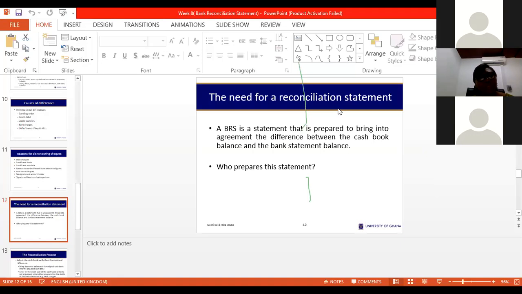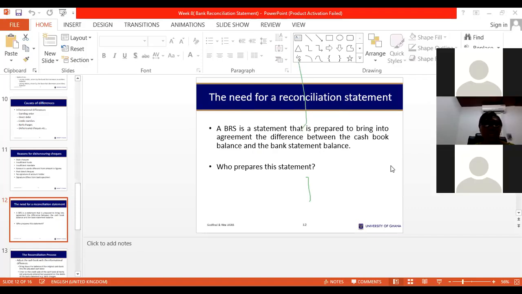Okay, so perhaps in our cash book we have more money, but you go to the bank, you issue a check, and the check bounces and they dishonor it. That is shameful. Or you think you have less money and you are thinking of borrowing, meanwhile you have more money at the bank. So to avoid these challenges, we need to do a reconciliation on a regular basis so we can agree the cash book balance with the bank statement balance.